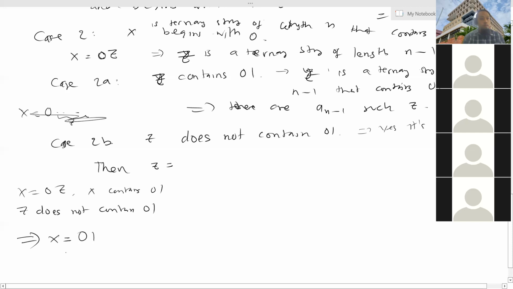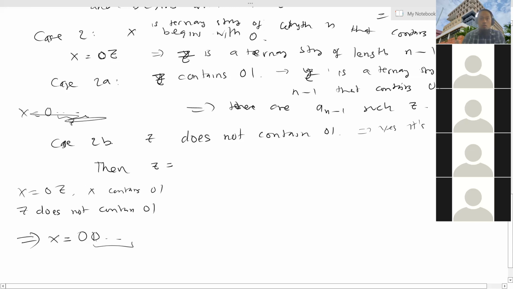Because X contains 0, 1, right? X must contain 0, 1, but Z does not contain it. So if I say X is equal to 0, 0 something, then X cannot contain 0, 1 because we already know this part does not contain 0, 1.